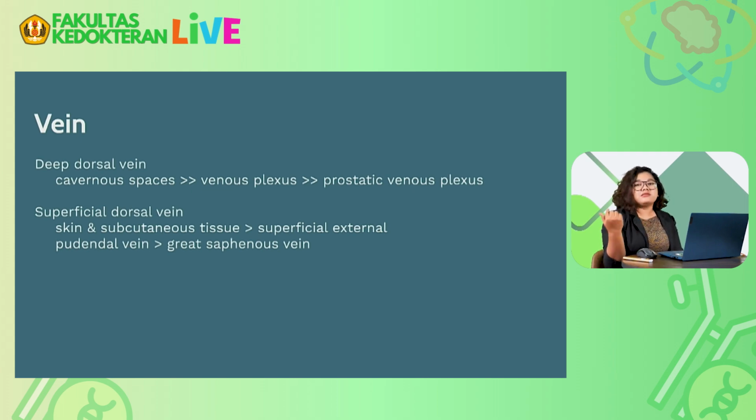So the blood still flows as usual, even though the penis is in the erect state. The blood from the skin and subcutaneous tissue goes to the superficial external pudendal vein, and then the blood from the pudendal vein goes to the great saphenous vein.